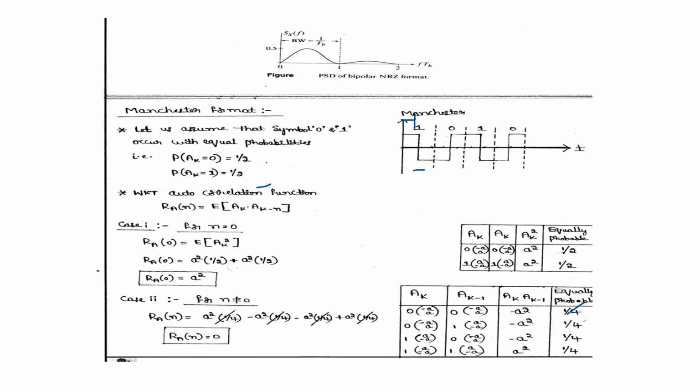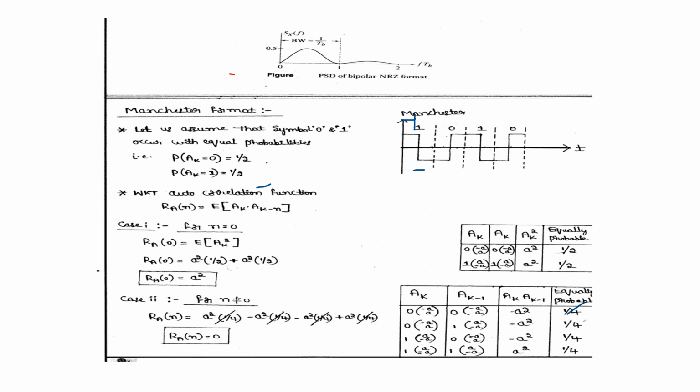You can see that the spectrum is getting started with 0. With respect to the bit duration, the entire signal is going to be present. It is going to have the DC null after the bandwidth. So the next format is the Manchester format.